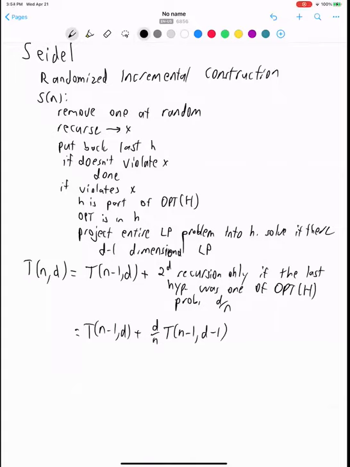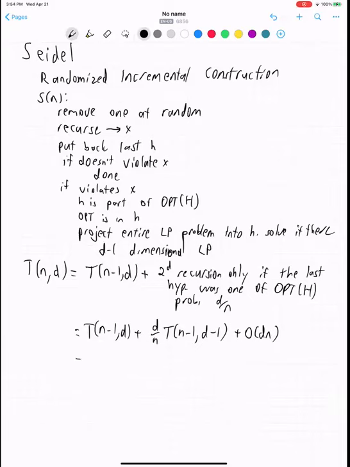Everybody buy that recurrence? Does the projection take any effort at all or no? There's another order of dn to do the projection. Okay, or maybe d squared n. But again, it doesn't matter. Okay.